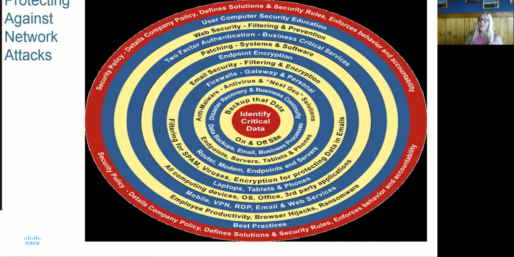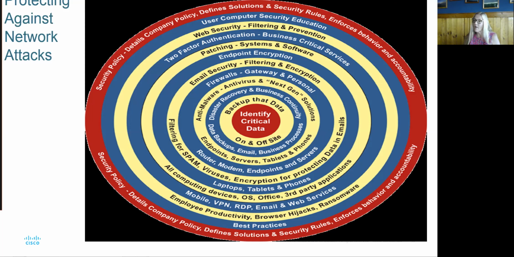Make sure that you're patching your system and your software, so your entire network, everything needs to be covered. Endpoint encryption, your email security. You're going to make sure that whatever email security you're using is going to have a blacklist for all of the bad spam filters, right? You're going to have firewalls for your gateway, your edge device, and also for your host device.